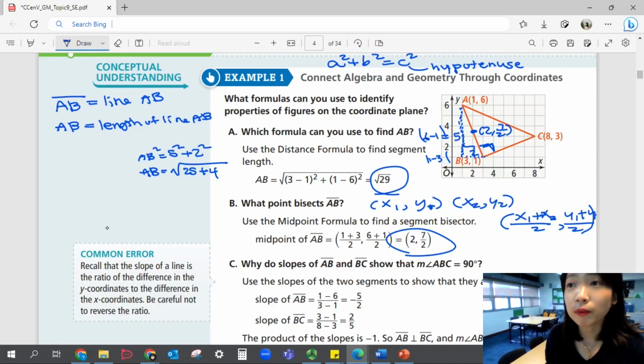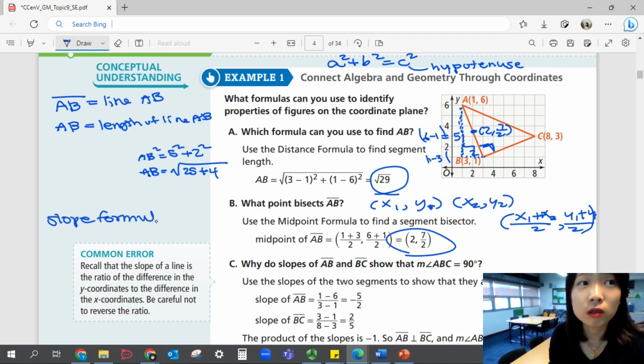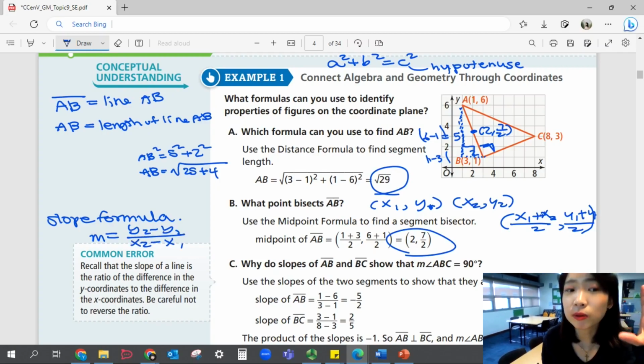The slope formula is m is equal to y sub 2 minus y sub 1 over x sub 2 minus x sub 1. Okay? So your numerator represents your change in y values, so your vertical change, and your denominator represents your horizontal change, okay?